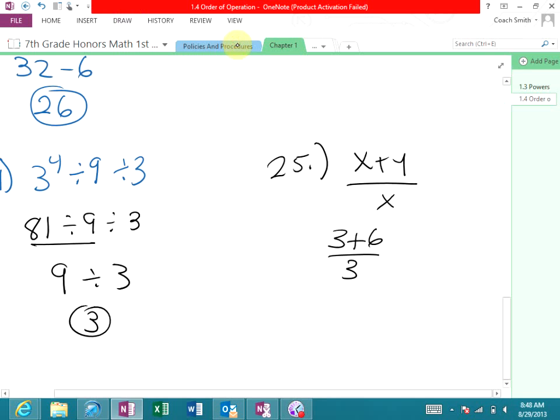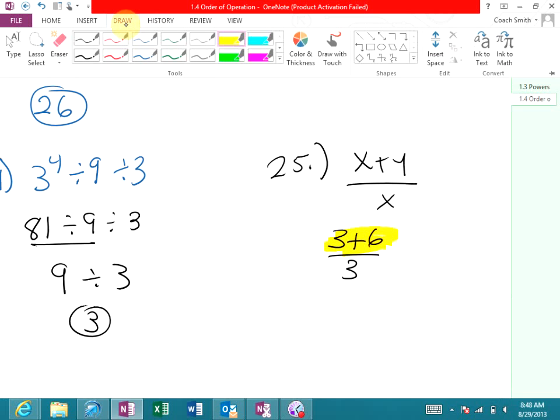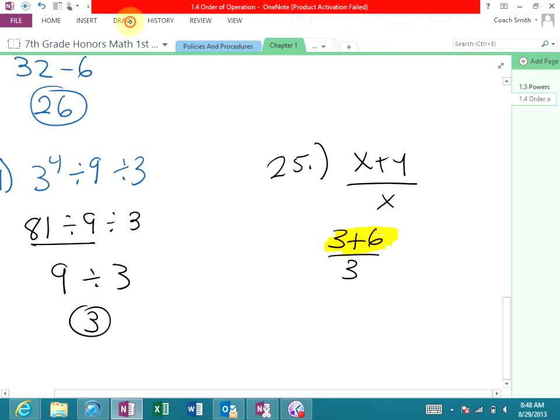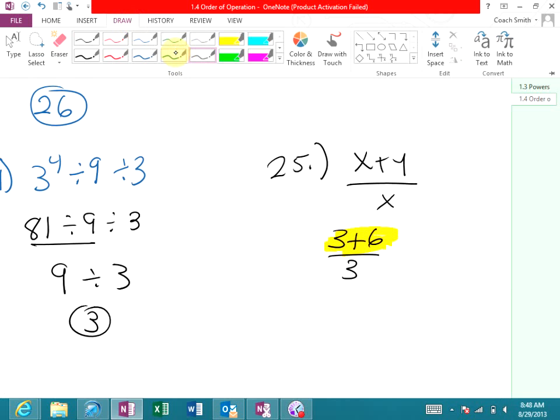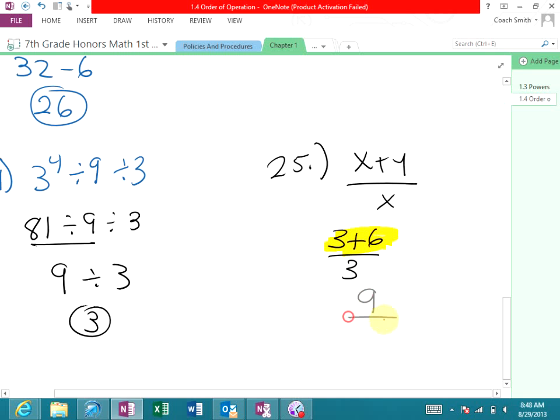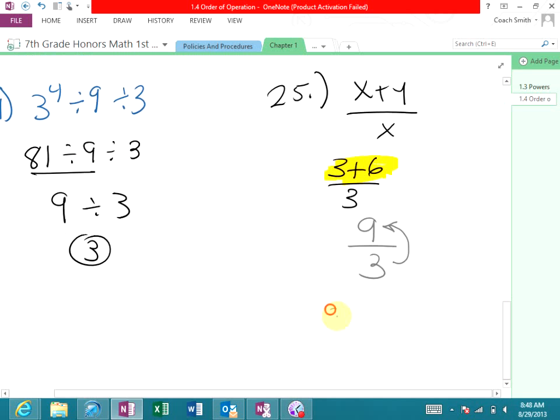In other words, we have to do the top first, which means we have to do the 3 plus 6, which gives us what, Tristan? Gives us 9. So we have 9 on top and 3 on bottom. Nothing on the bottom that we can simplify, so we're simply taking 3 into 9. And let's remember, the bottom number goes on the outside of our bracket, top number goes on the inside. That's simple division. 3 into 9 goes how many times? 3 times. Okay? So, pretty simplistic.